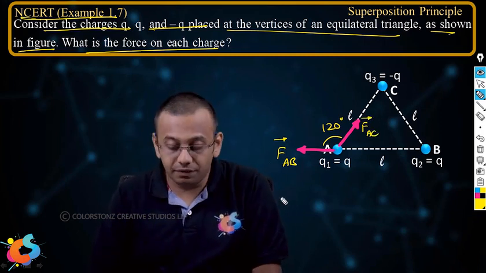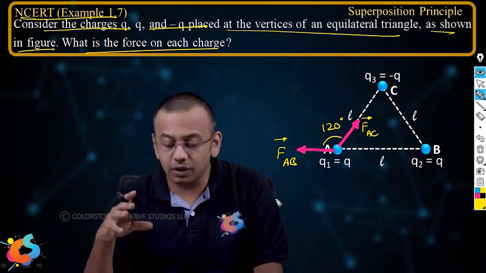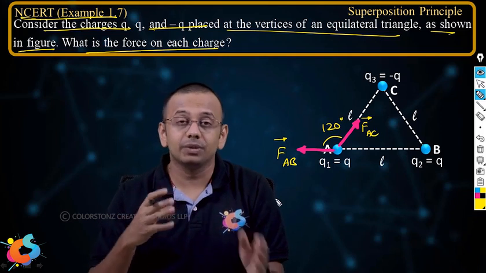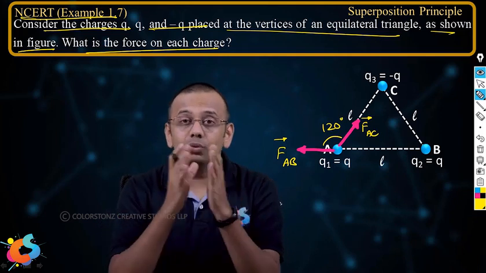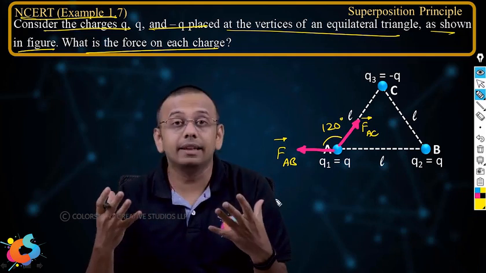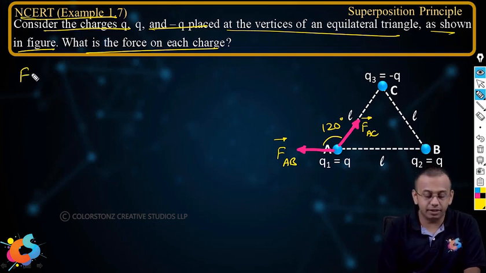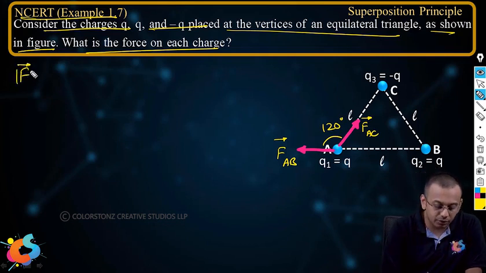Their magnitudes, if we try to find, are going to be the same, because each pair of charges here has the same magnitude Q, Q, and the distance is also the same, that is L. Okay, so each of the forces acting here is going to have the same magnitude F, which will be KQ square by L square.